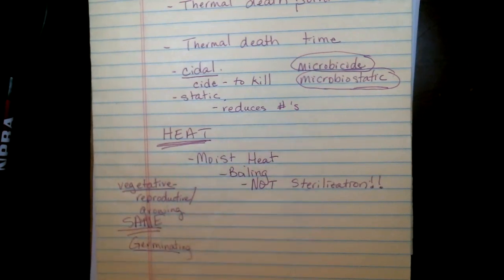You hear them called a number of different things. They are capable of growing and reproducing at that time. So they're actually active. A dormant cell, remember when we talked about spores and things of that nature, those are your dormant ones. A vegetative cell is what we're going to be able to kill with moist heat.